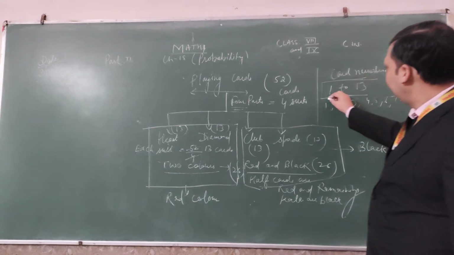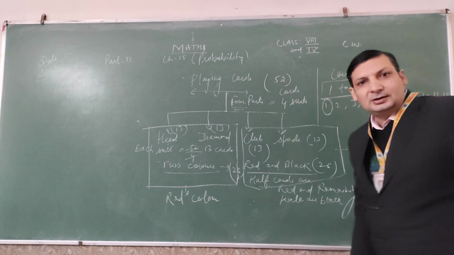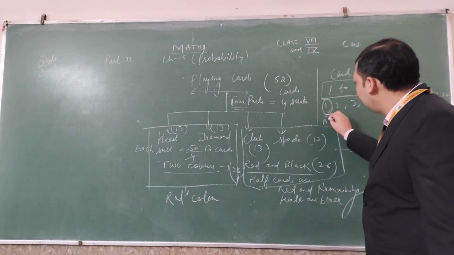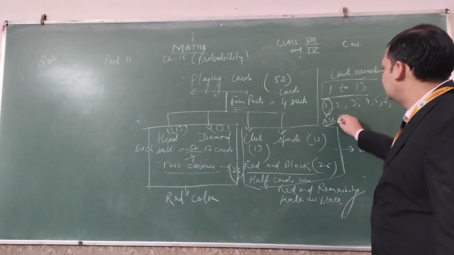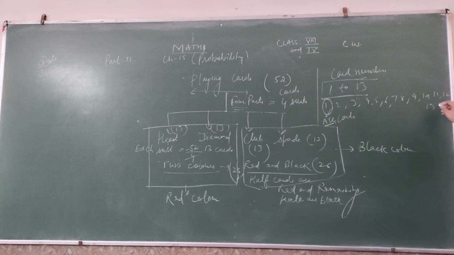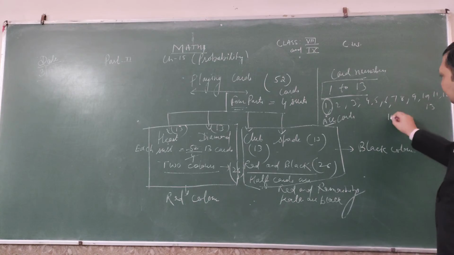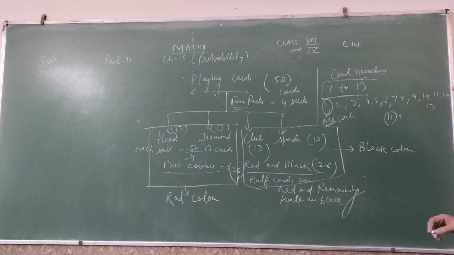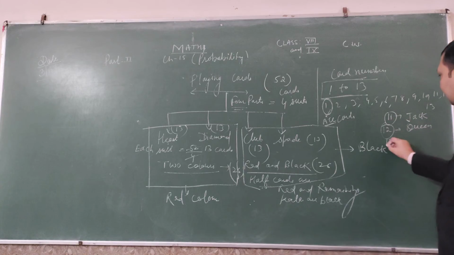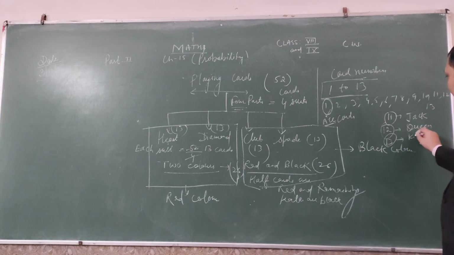But when we see practically on the card, 1 is not called one, that is called ace. We have given a particular name, that is called ace card. Second is called two card, third is called third, fourth is called fourth. Similarly, card number 11 is called jack. 12 is called queen, and 13 is called king.